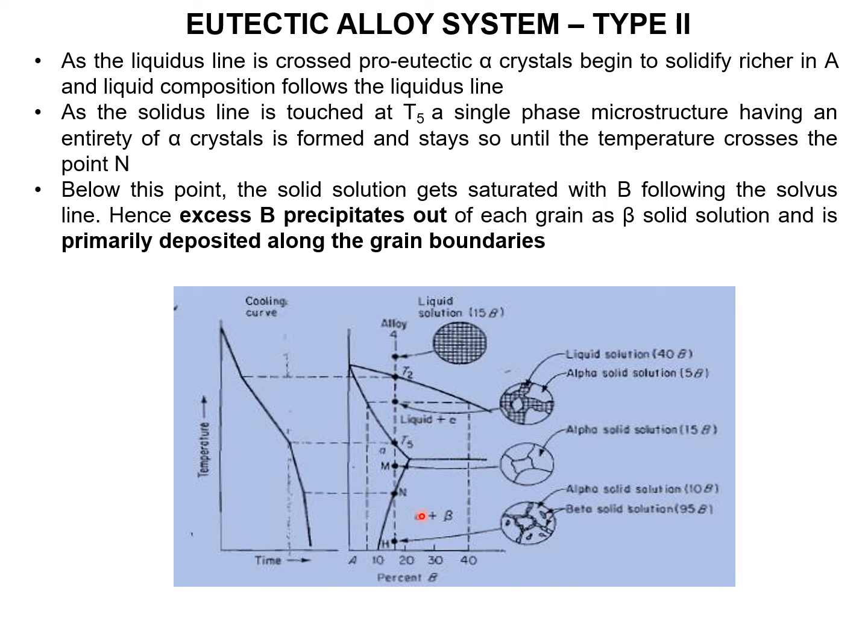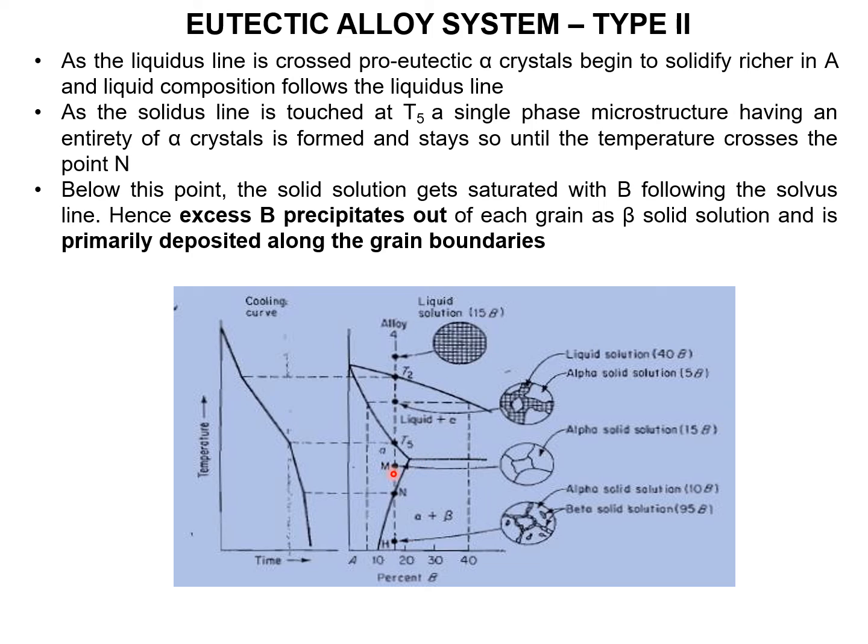And next, alloy 4. At this point it is liquid. At T4, liquid plus alpha solid solution. Why? Because here the liquid range is more and the solid range is very low. Solid grains initially form as very fine solid grains. Slowly we are cooling.